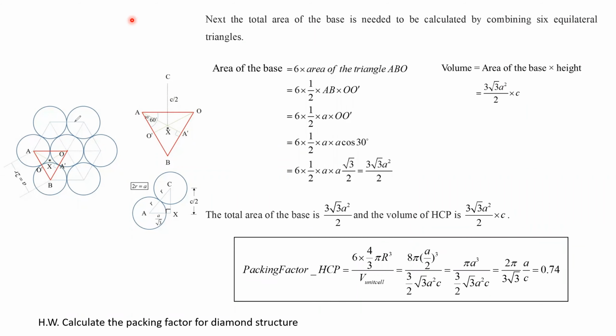This angle, right, is what? 120 degree. Because this is 60, right? So this 60 plus 60 is 120. And you know that in the circle, right, all this angle is what? 360 degree. So this 1/3, right? 1/3 of this.